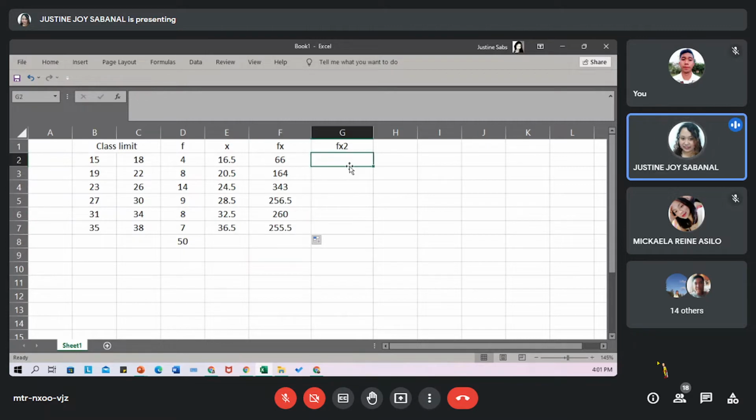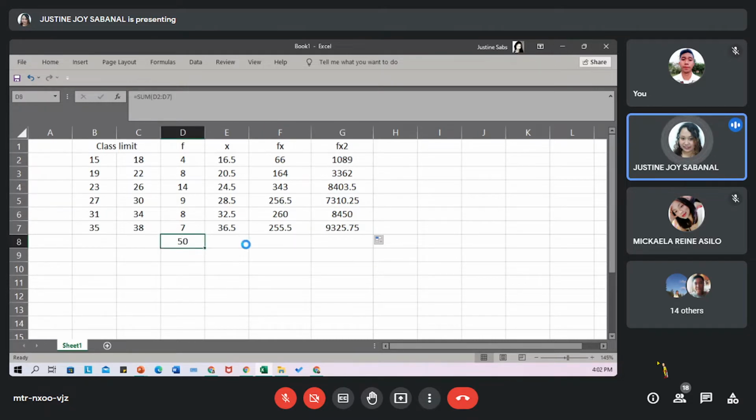255.5. Yung susunod po na column will be frequency times class mark times the class mark again, kasi naka-x squared tayo. So, that is 1,089. Then, 8 times 20.5 squared is 3,362 and so on until you reach the last value po. That is 7 times 36.5 squared is 9,325.75.